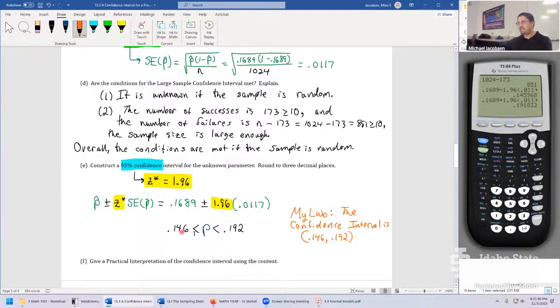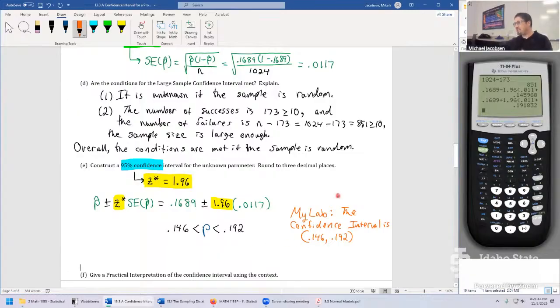It's the same idea, except we're vanishing p, putting a comma in place where the inequality signs were, and it has to go from lower to higher. If we mix up the order, they mark us wrong on that, which seems really awful. I wouldn't do that to you, but that's a MyLab thing. So make sure lower goes in first. Lower value here. And a comma.